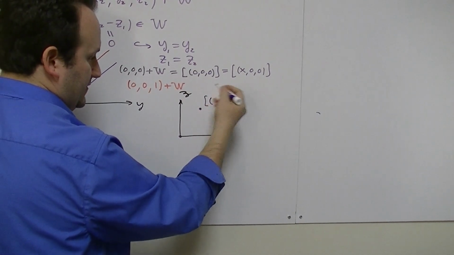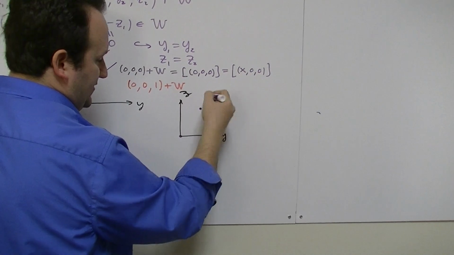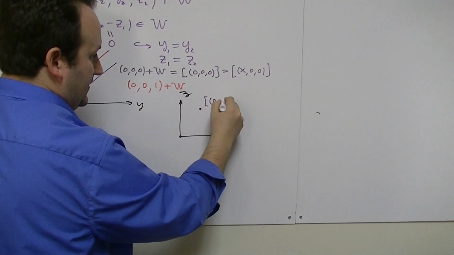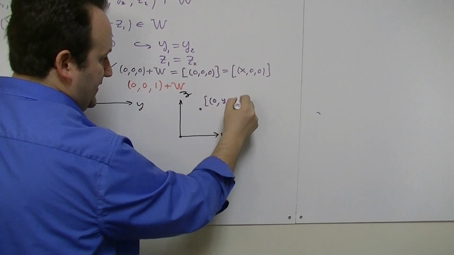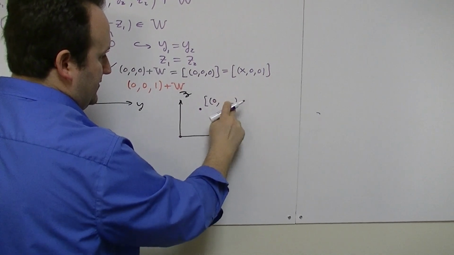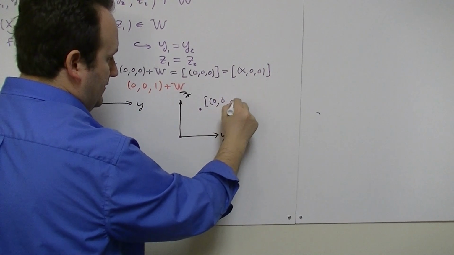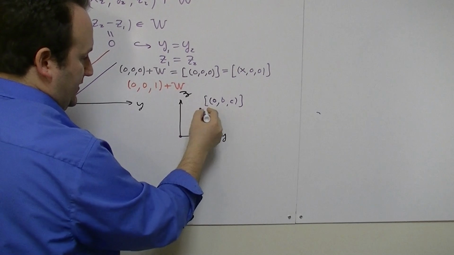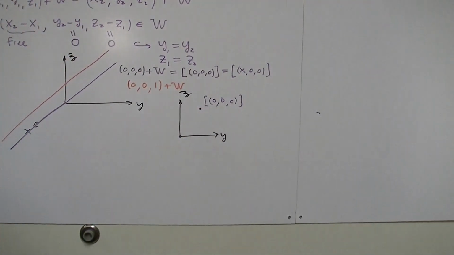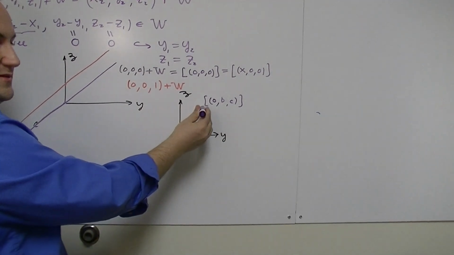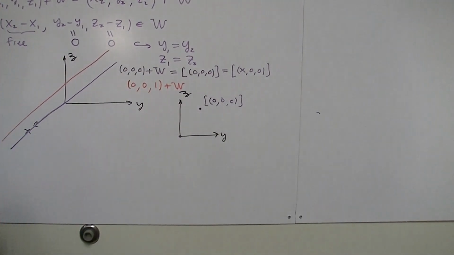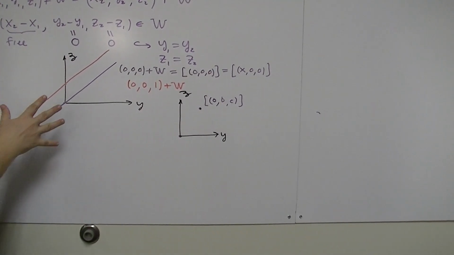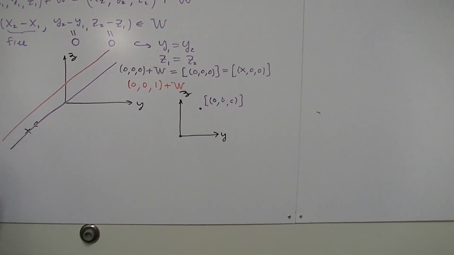I'll let it be 0, but it could be whatever. And the point is that y and z, that is actually fine. If I do b and c, there you go. That would be at y equals b and z equals c, and it's that line coming out of the board and into the board if you want to think about it three-dimensionally. So in this quotient space, the points are actually lines if you look at the underlying sets.